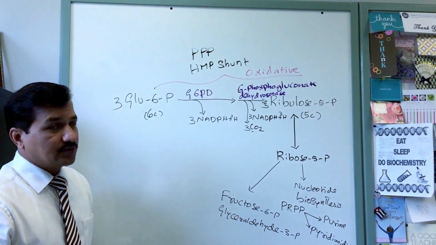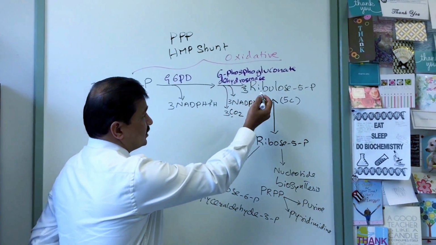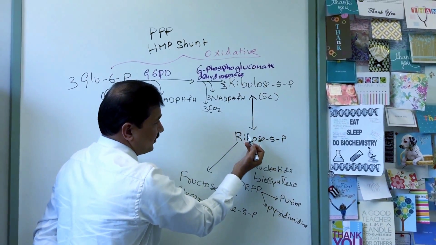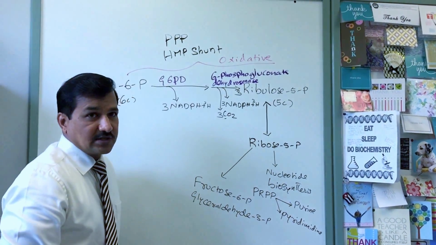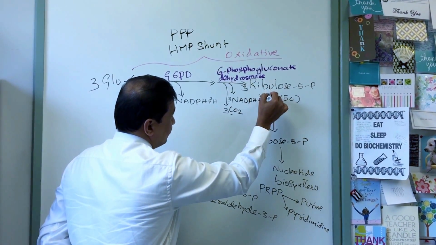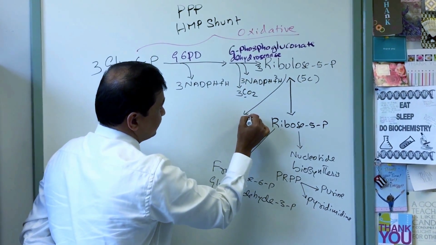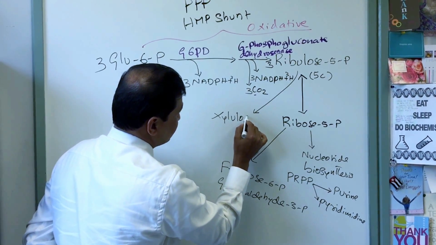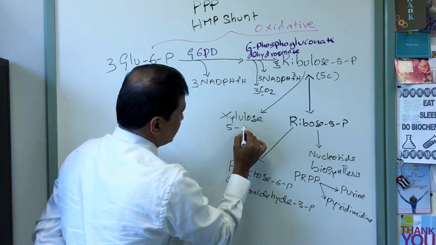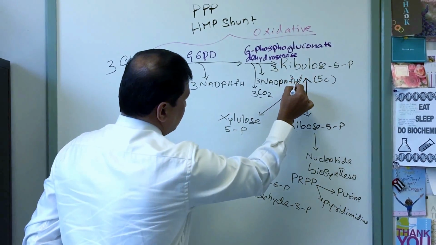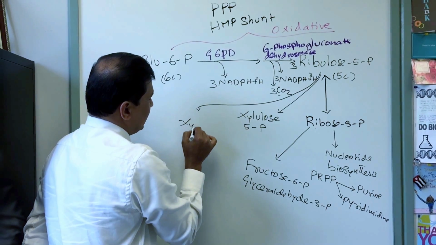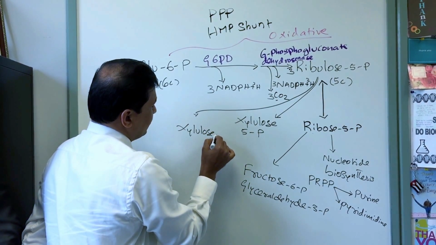So this is what you are going to see here. It means 3 molecules of ribulose 5-phosphate. Of these, one ribulose 5-phosphate is converted to ribose 5-phosphate, and then another ribulose 5-phosphate, by an epimerase enzyme, is converted to xylulose 5-phosphate, and then another ribulose 5-phosphate will be converted to one more molecule of xylulose 5-phosphate.